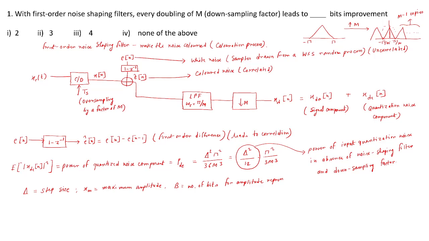How many levels you can incorporate depends on the number of bits the quantizer uses. Suppose the range is minus 16 to 16, and the quantizer has 4 bits. How many different representations are possible? 2 to the power 4 in binary, correct? 2 to the power 4 is 16, therefore 16 levels are possible.